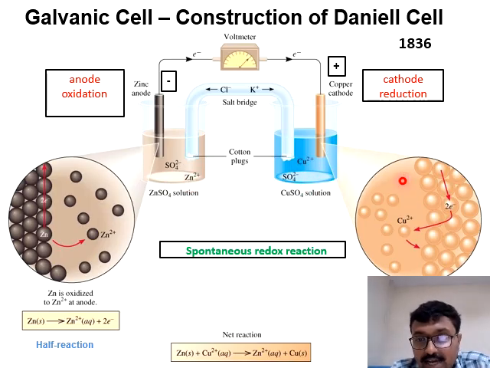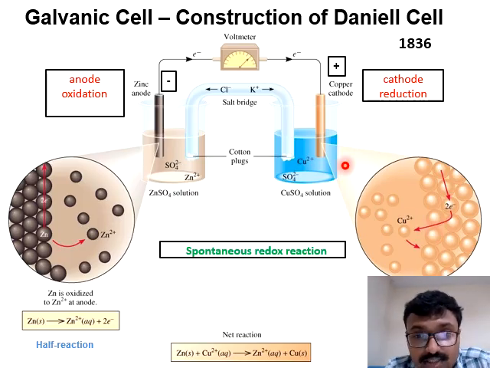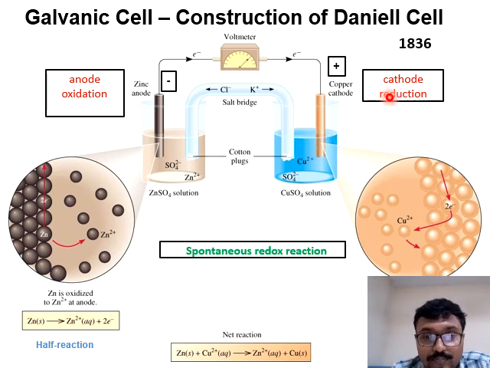So copper is depositing: copper 2 plus to copper, this transformation is occurring. This is a reduction reaction. Since reduction occurs at this right hand side electrode, it is called the cathode. These reactions are actually spontaneous, and the free energy change of this reaction is negative.